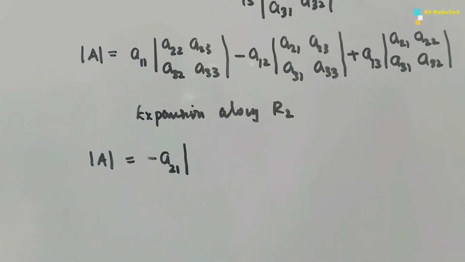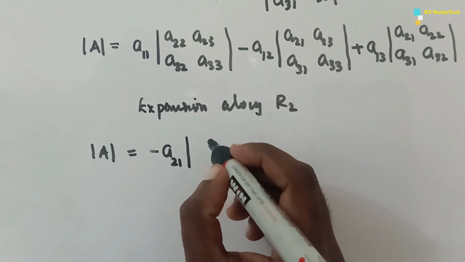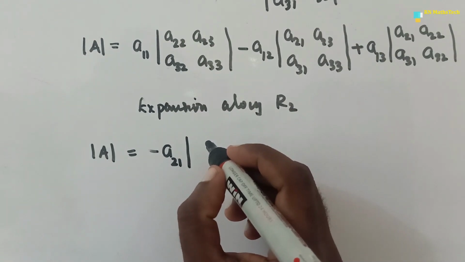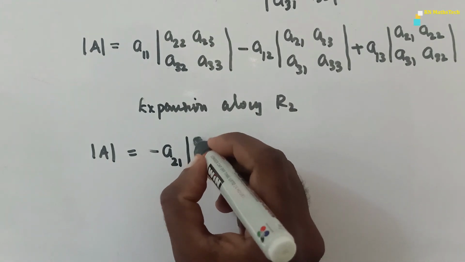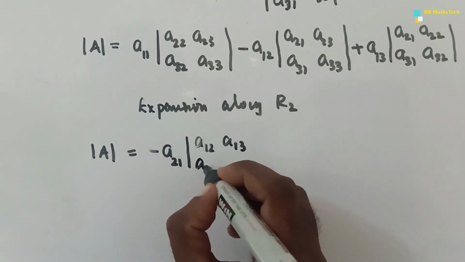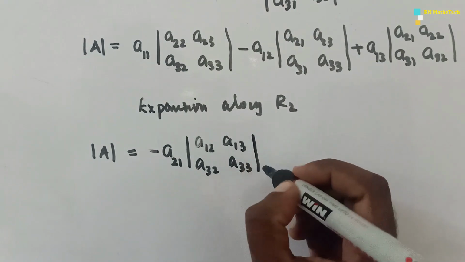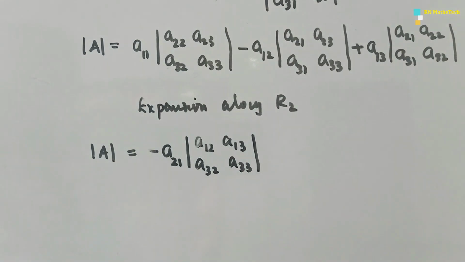So that is the determinant deleting the second row and first column: A12, A13, A32, A33. Okay, minus A21.